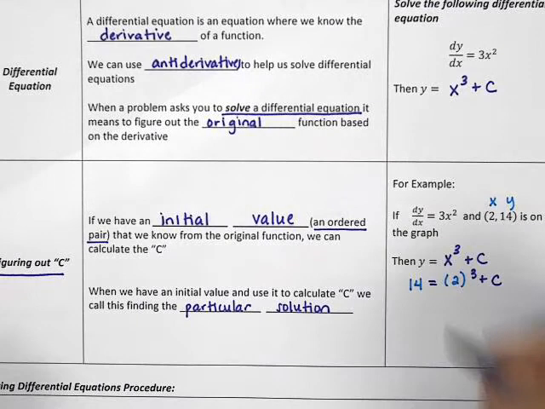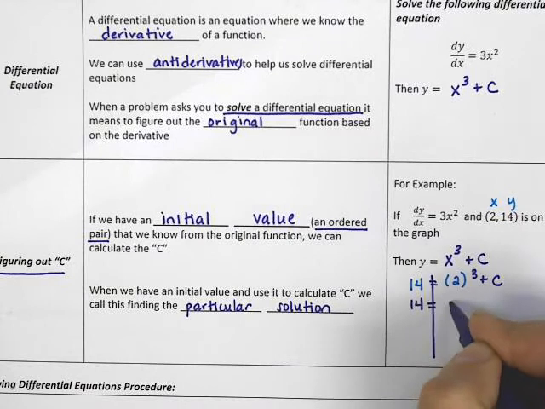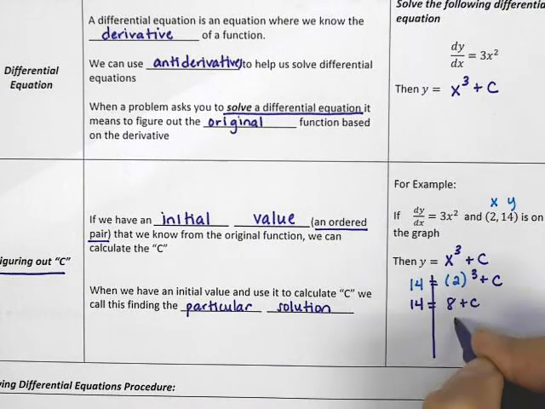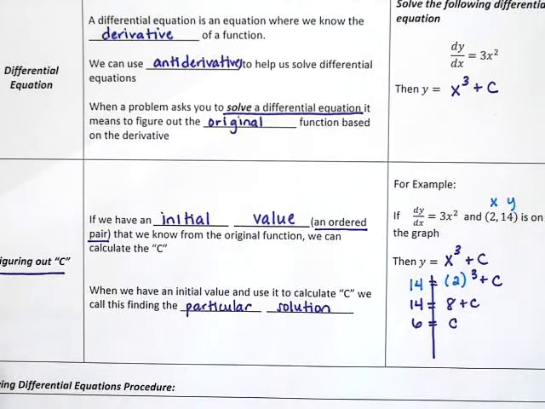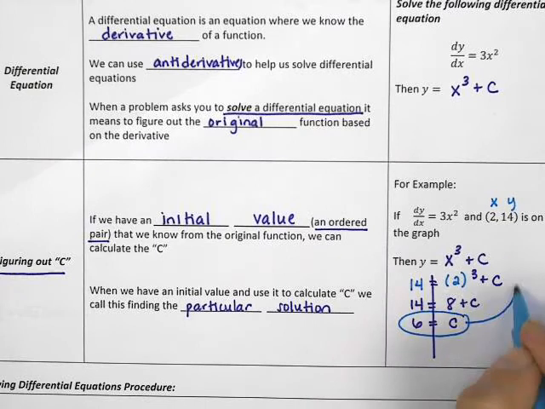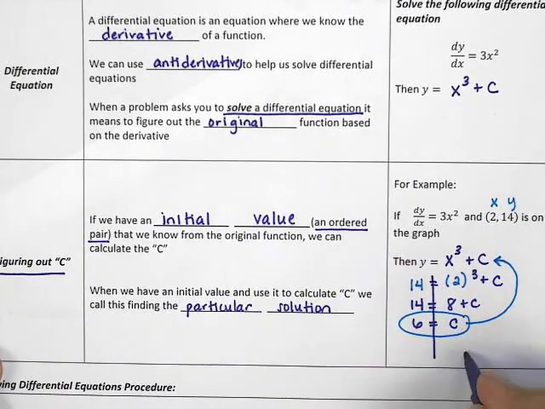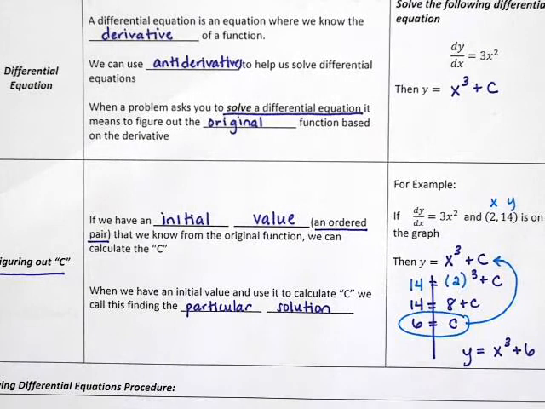And then this just becomes an equation that we can solve. So we have 14 equals 8 plus c, which means c would have to be 6. If we then use that number and we plug it back into our original antiderivative instead of the c value, we would know that our solution to this differential equation was x cubed plus 6.